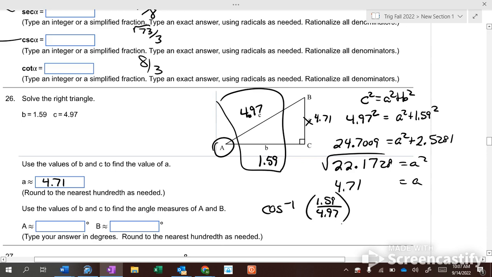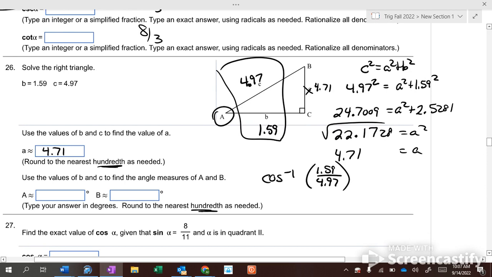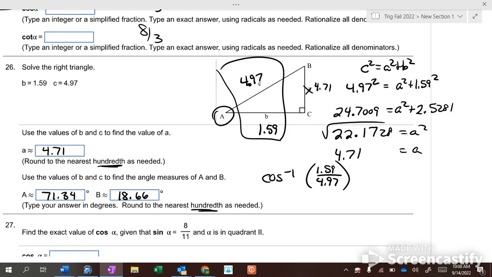If you go inverse cosine of those two, rounded to the nearest hundredth, you get 71.34, which leaves you 18.66 for angle B, because they have to add up to 90 degrees. They have to add up to 90.